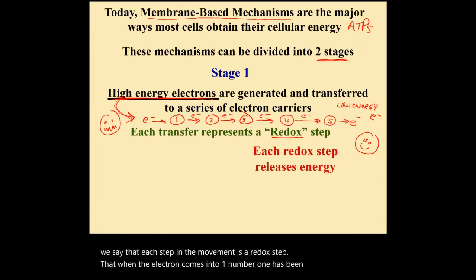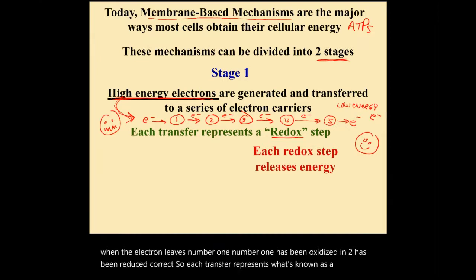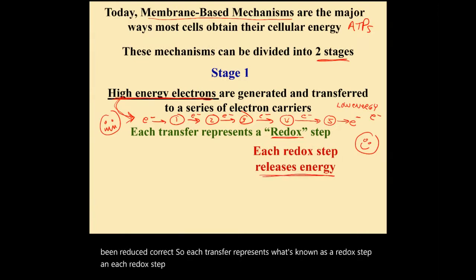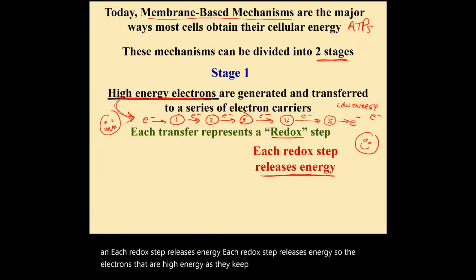Then when the electron leaves, number one has been oxidized, and number two has been reduced. So each transfer is a redox step, and each redox step releases energy. The electrons that are high energy progressively lose their energy as they keep moving through the chain.